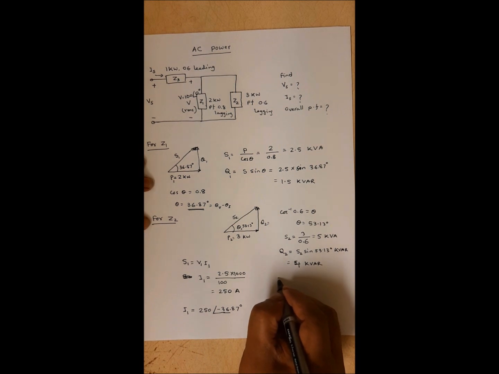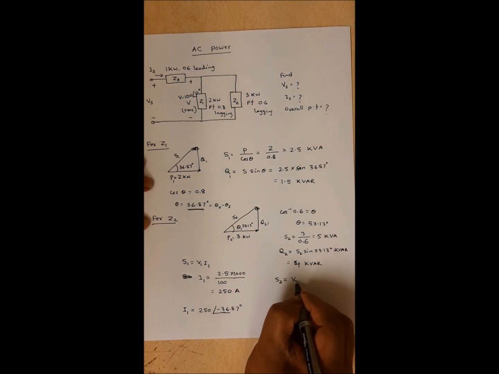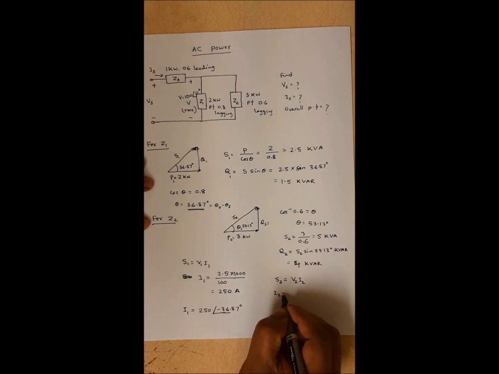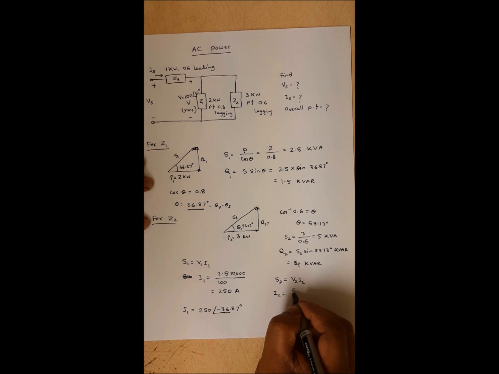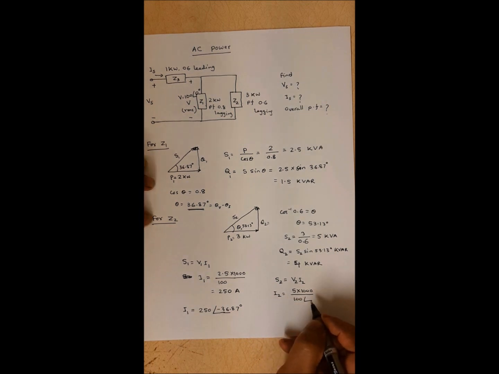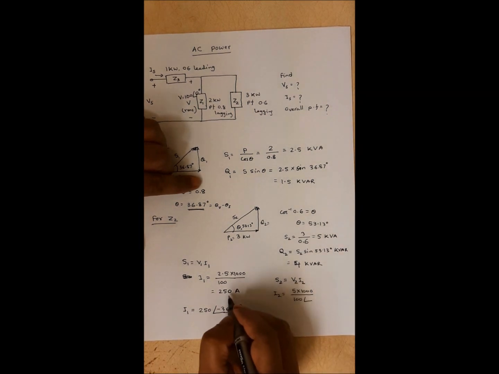Similarly, we can find S2. From S2 we can find V2 times I2. So you can find I2: S2 is 5 times 1000 and voltage is 100. Sorry, this will be 25.